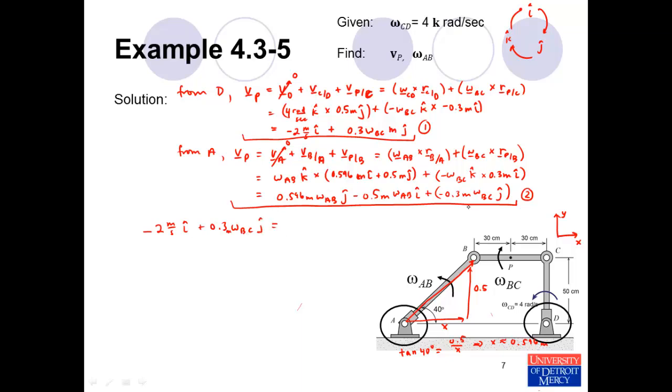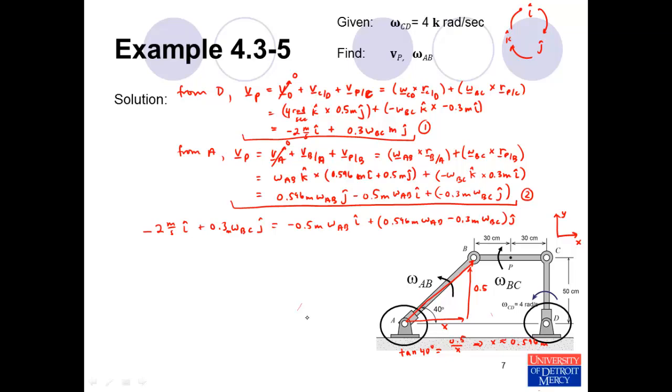And then equation 2 on the right-hand side, we have only one term in the i direction, negative 0.5 omega AB. We have two terms in the j direction which we can combine: 0.596 omega AB minus 0.3 omega BC.